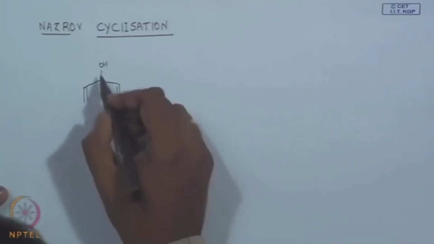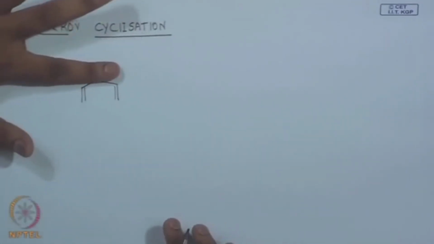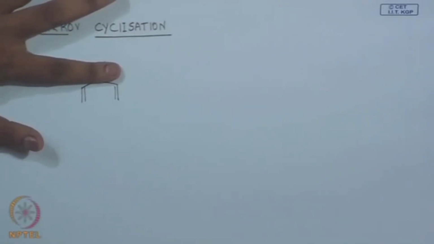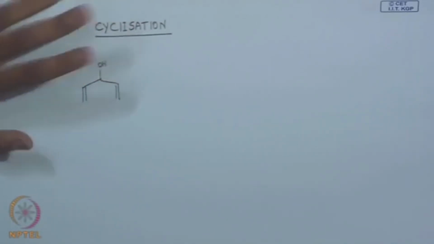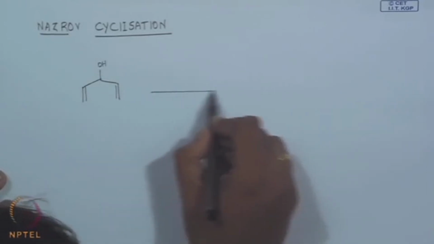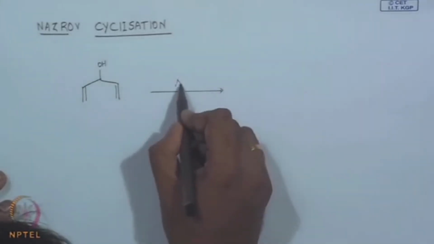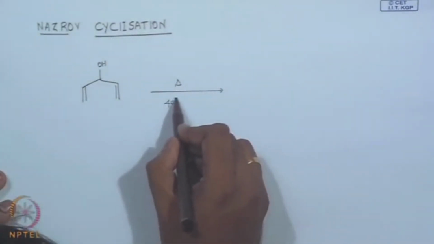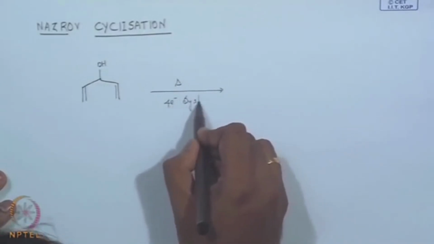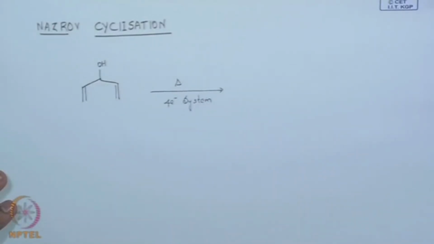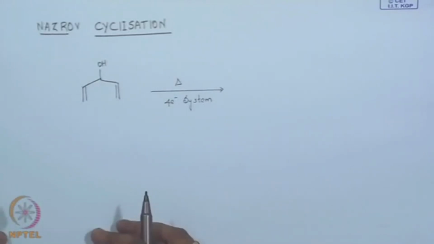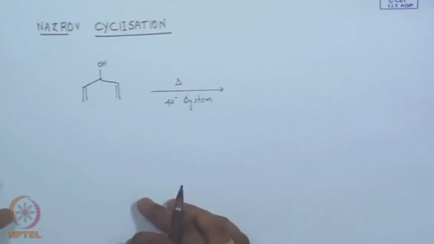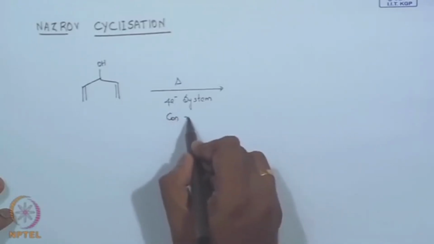What system is it? Yes, it is a 4 electron system, right. Just you have an OH, if you leave this, it is nothing but a butadiene and it is a 4 electron system. So, what happens if I heat a 4 electron system? What does the Woodward-Hoffmann rule say to you? What type of cyclization can it undergo? Whether it is conrotatory or disrotatory? Yes, it is conrotatory. Very good.